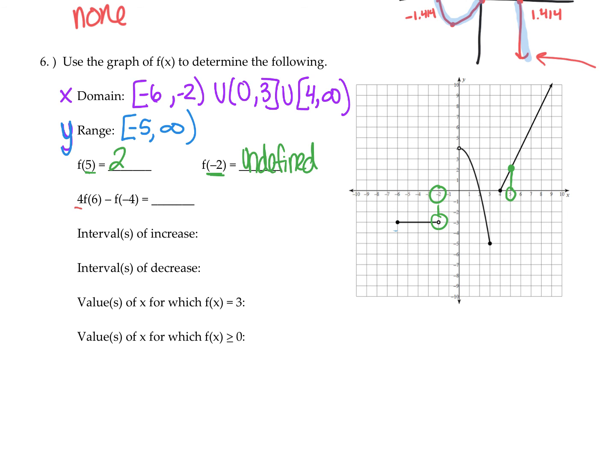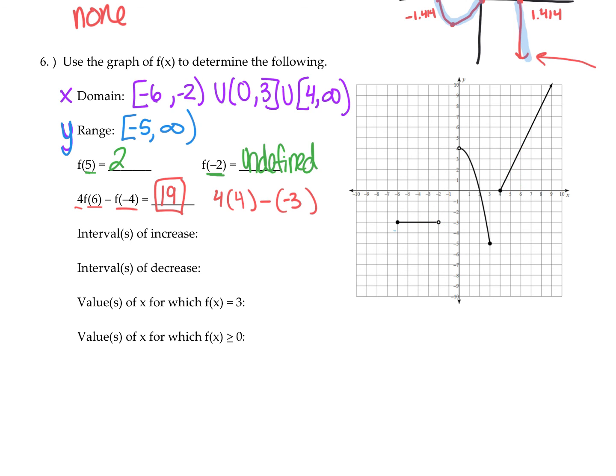I need to do 4 times f of 6, so 4 times something, minus f of -4. Well, f of 6 is 4, and f of -4 is -3. So I'm going to have 16 minus a -3, which would give me 19. Because when you minus a negative, you get positive.